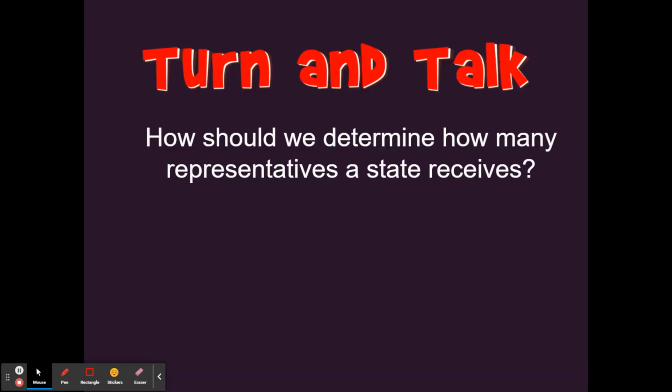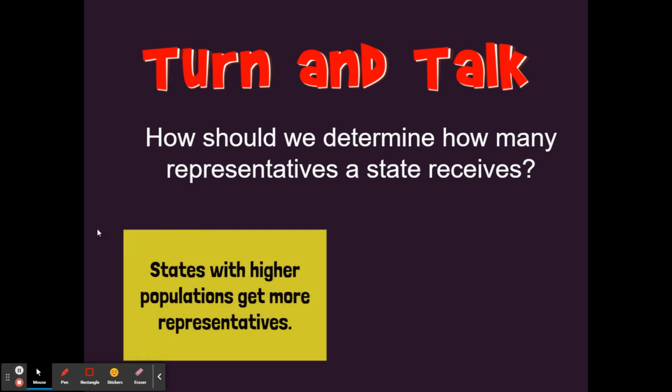So we're going to have a little opportunity to turn and talk. And so teacher may want to pause the video here. So how should we determine how many representatives a state receives? I want you to think about this. Should it be that a state with a higher population gets more representatives? So let's say Virginia has more people and they get to send 20.